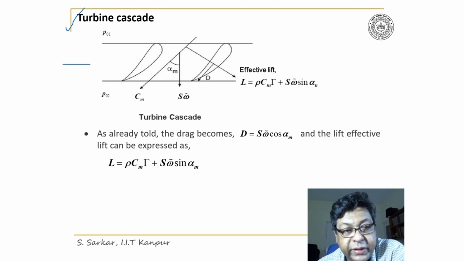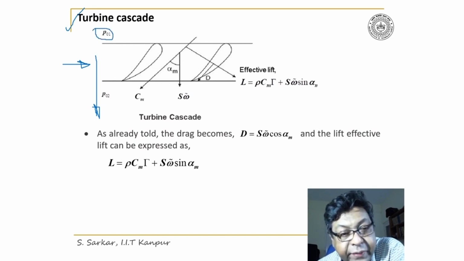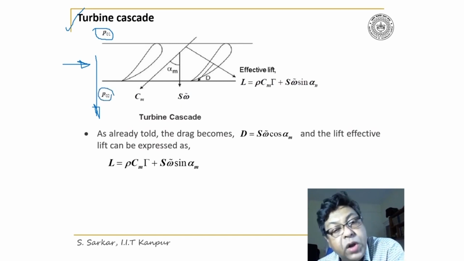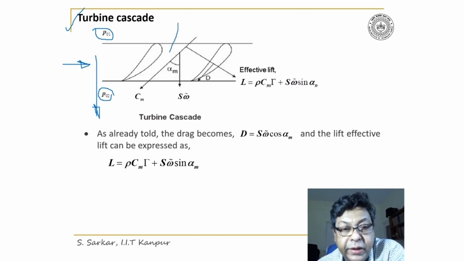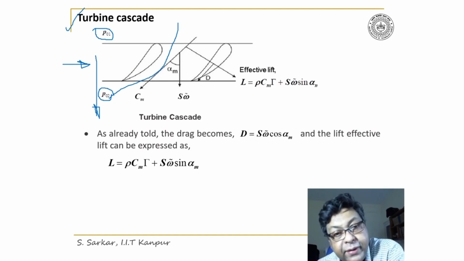So here is the sketch for a turbine cascade, and as before, this is the axial direction. P01 is the total pressure at inlet, and P02 is the total pressure at exit of the turbine. Flow will turn through the turbine, and obviously here alpha 2 will be greater than alpha 1.